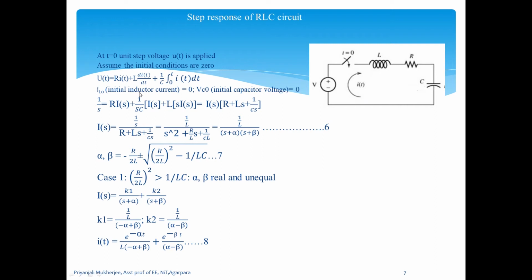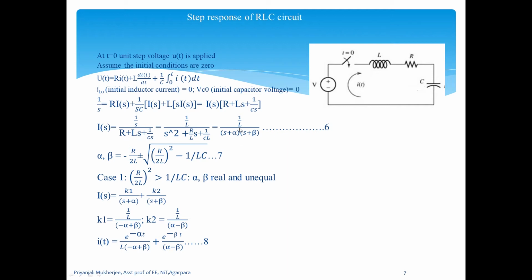So the initial inductor current is 0, and the initial capacitor voltage is also 0. If we apply KVL, then v u(t) equals R i(t) plus L di/dt plus 1 by C integral of i dt. By taking the Laplace transform, it becomes 1 by s equal to R I(s) plus 1 by sC times I(s) plus Ls I(s), which equals I(s) times R plus Ls plus 1 by Cs.